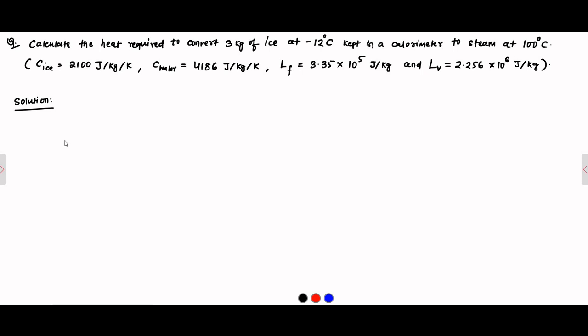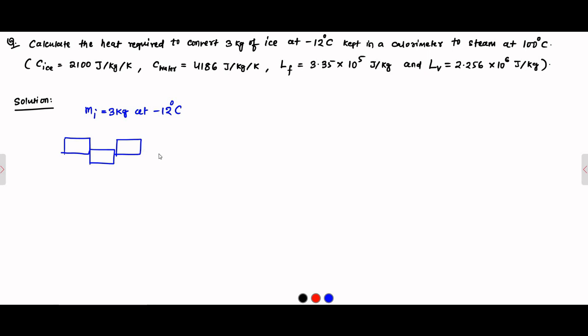So first we have ice. So we have 3 kg of ice at minus 12 degree Celsius.